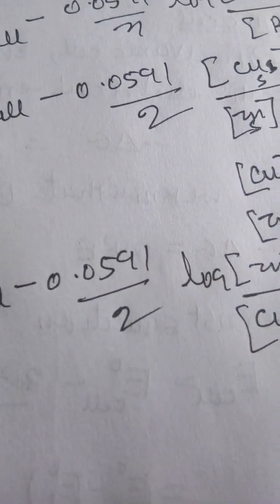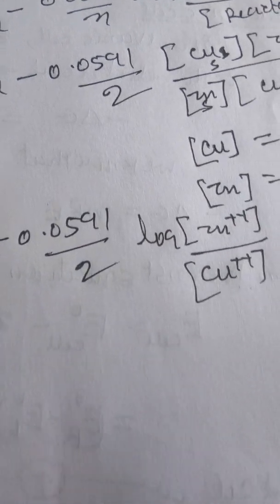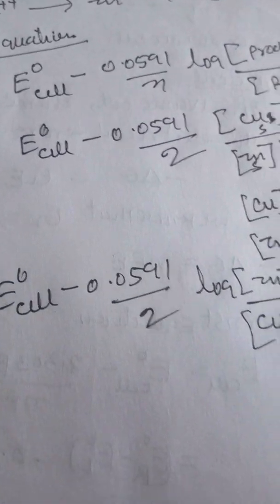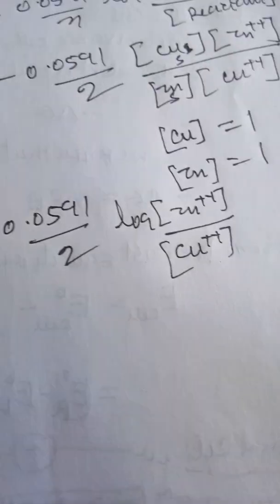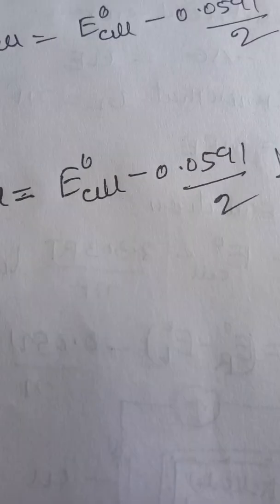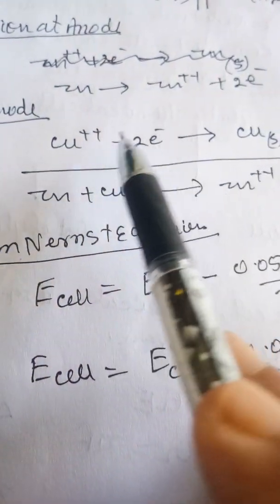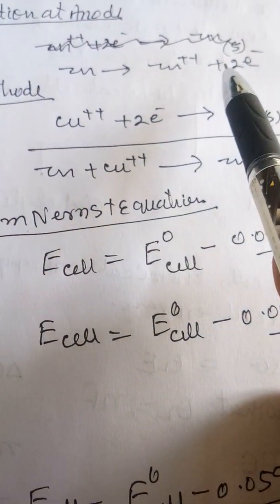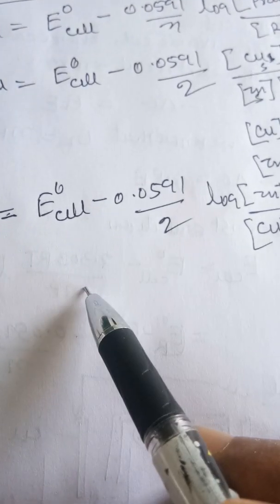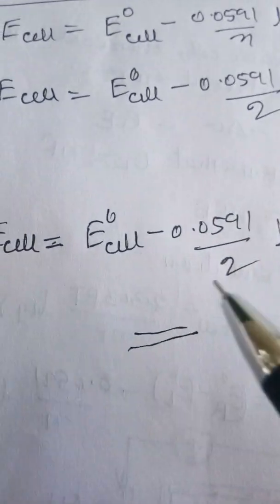Now, if we consider the reaction in terms of the reduction, then this will change, so we will write it in another form. But in the oxidation form, the chemical reaction that is happening, where we have shown you oxidation at the anode and reduction at the cathode. So in this way you get finally this type of equation given by Nernst.